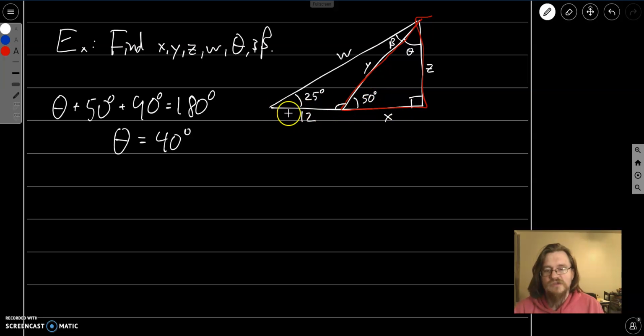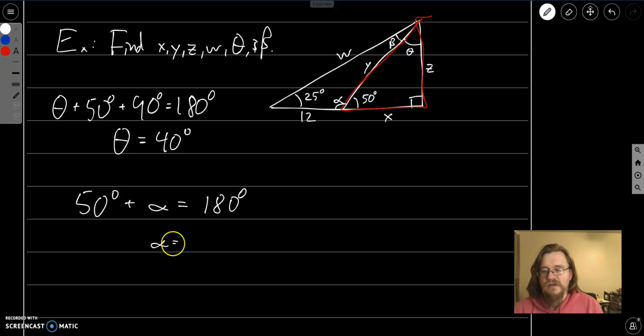Why? Because they form a straight line, so these two angles should add up to 180. If I take 50 plus this angle, which I'll call alpha, that will equal 180. So alpha will be equal to 130 degrees.